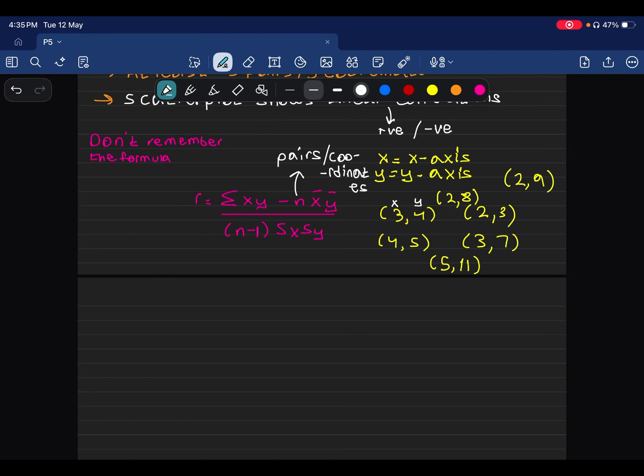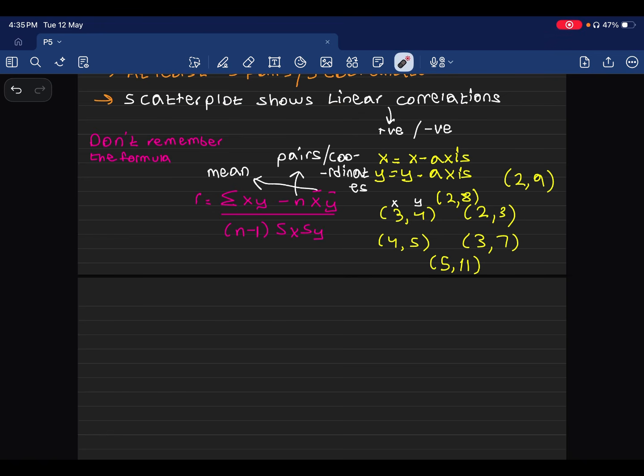Okay. What is this line on top of x or this line on top of y mean? The line basically refers to you calculating the mean. So there are many ways of representing the mean of a variable, right? This is mean of x, this is mean of y. So all of the x values you have, find out their means. All of the y values, find out their means.